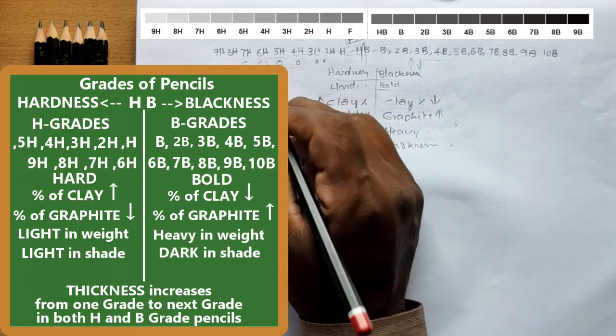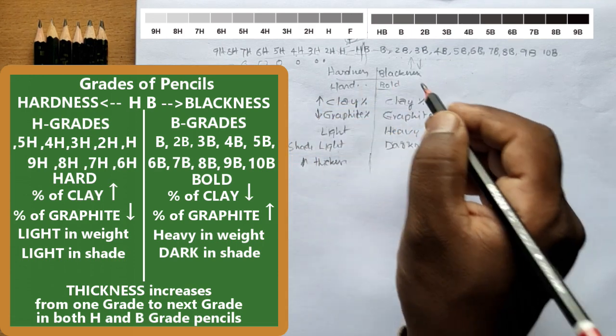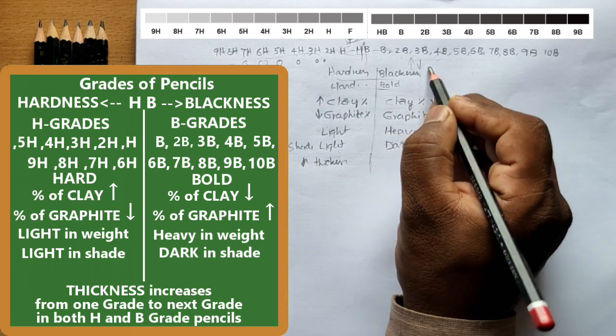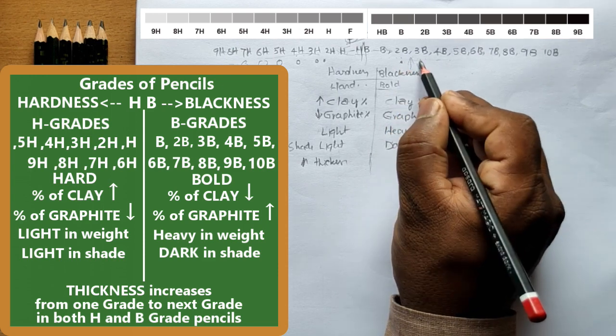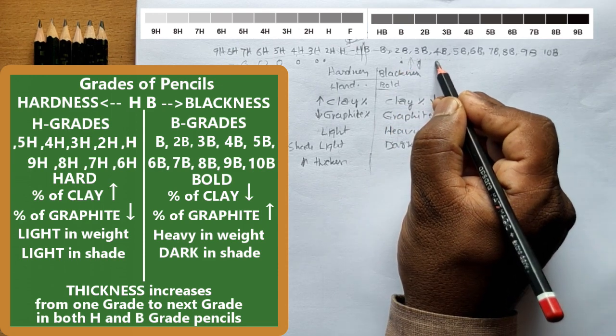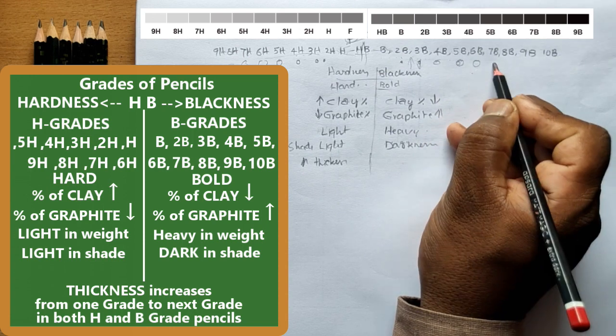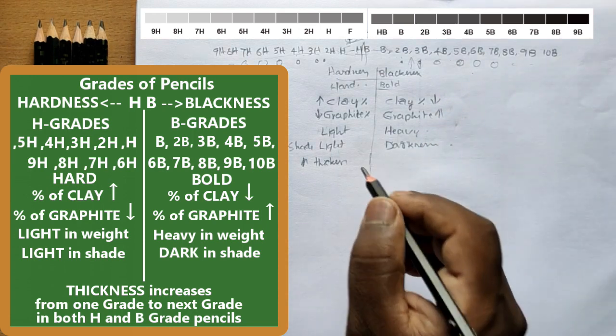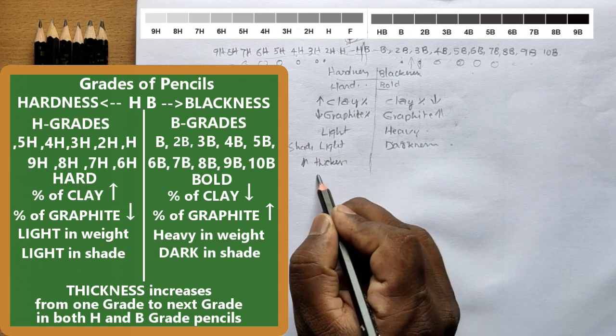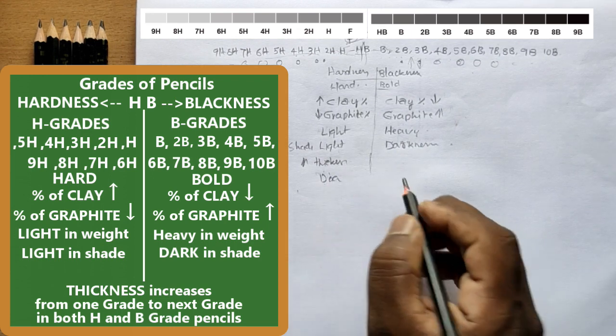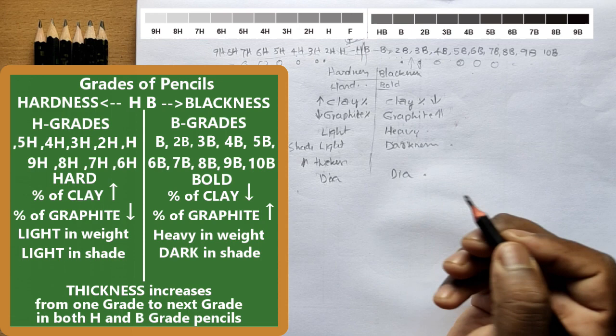The diameter of the lead keeps on increasing. Here also it is the same. From number to number, the thickness increases and the diameter becomes larger. So from number to number the diameter increases, and here also the diameter increases.